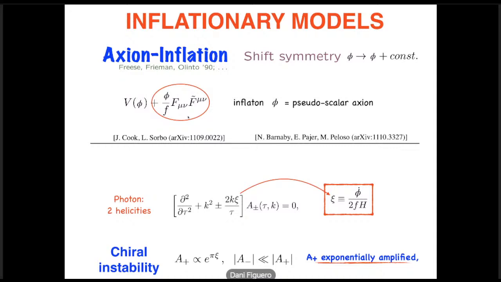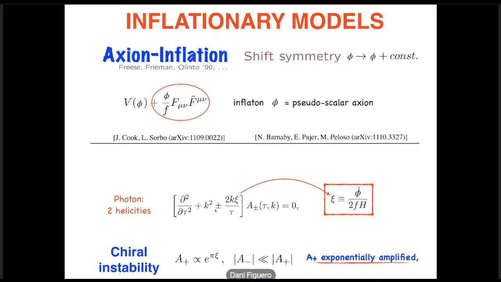So in a dark photon scenario, if you study the two helicities of this gauge field, then you immediately realize in the equations of motion that this is a chiral coupling that differentiates the two polarizations, because the sign in the effective frequency is different for the two polarizations, and one of the modes is going to be tachyonic.